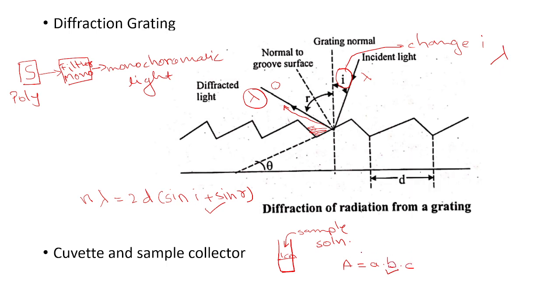If b is larger, the absorbance will be more and the transmittance will be less, and it cannot be detected by the detector. That is very important. That's why the length of this tube is kept at 1 centimeter only. So these are some points that you should know very clearly.